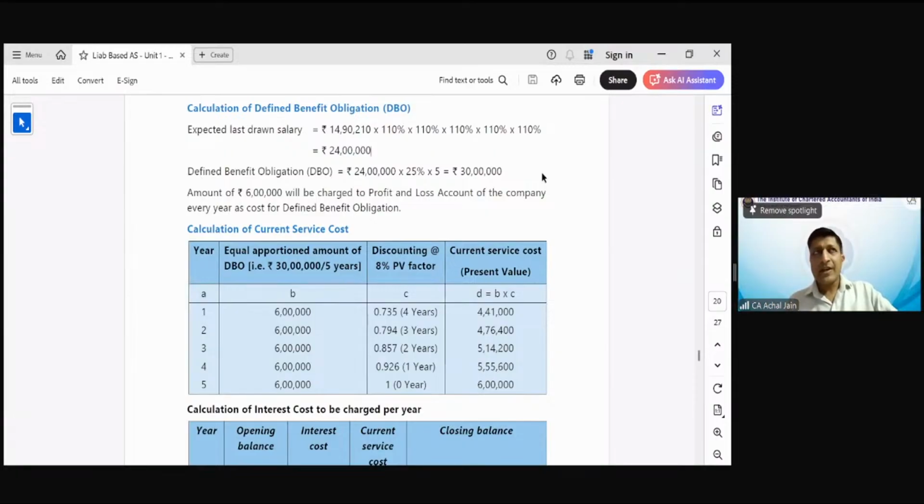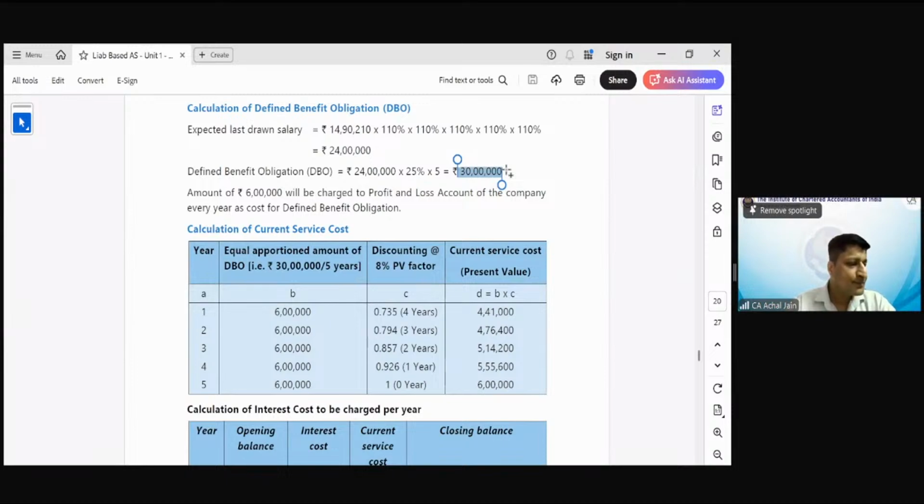Take the last drawn salary, take 25% of that. So every year that amount is payable. That will not be paid. That is payable. So multiply that with 5. So that means what is going to be the post-employment benefit? 30 lakhs. Correct? 30 lakhs will be the post-employment benefit.